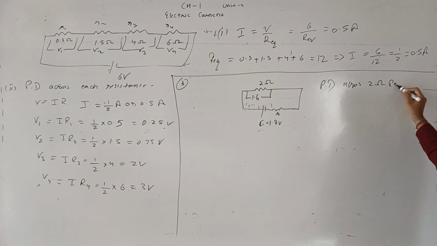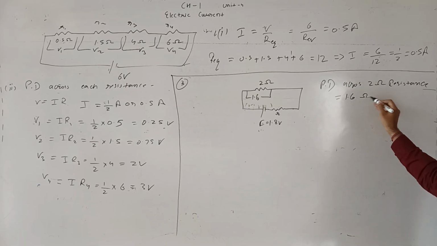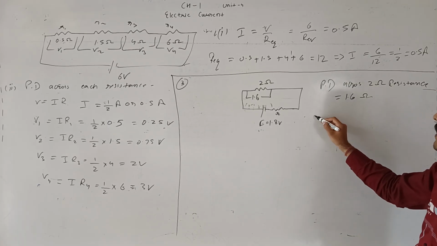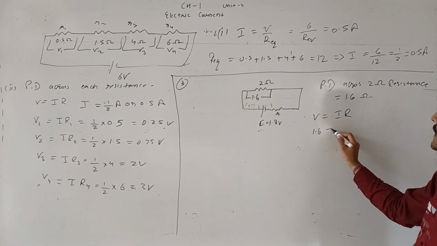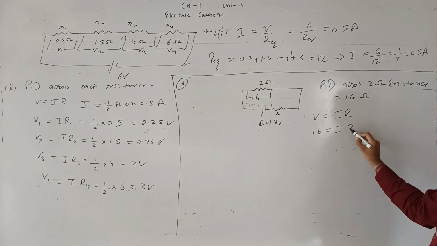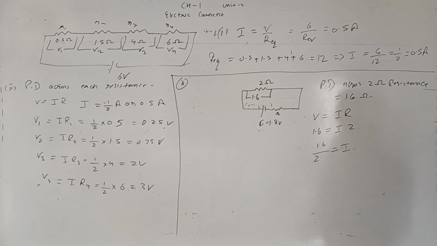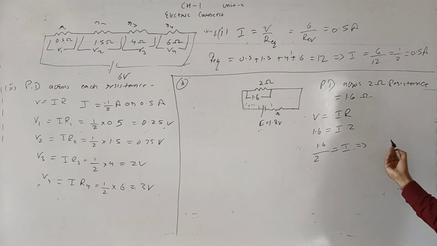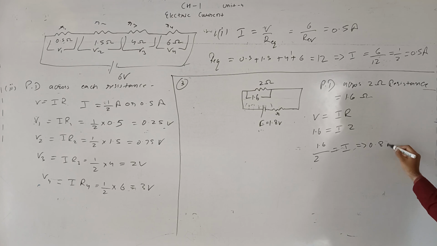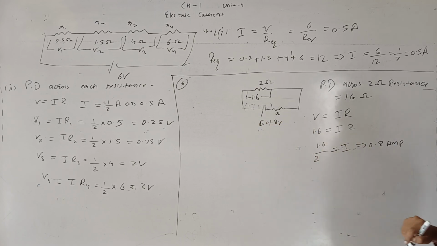Therefore current: we have V equal to I into R. V is given as 1.6, I we have to find, and R is 2 ohm. So 1.6 divided by 2 is equal to I. So I is 0.8 ampere. The current from the battery is 0.8 ampere.